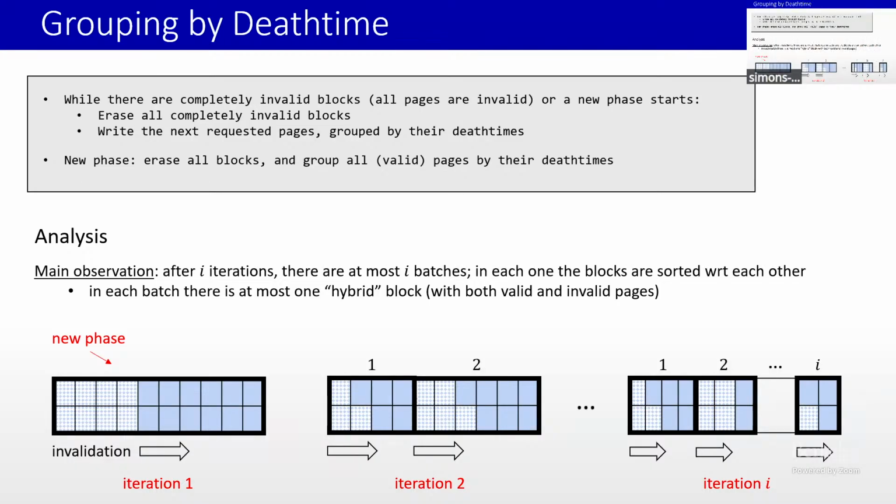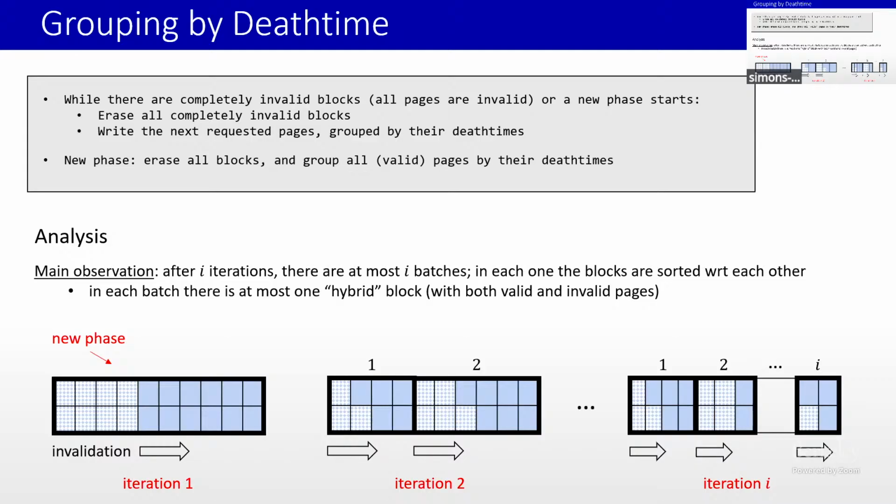These are the invalid blocks that I'm going to clean, and in this example I have 8 slots, so I'm going to take the next 8 requests, sort them according to their death time, and write them in that order into these blocks.